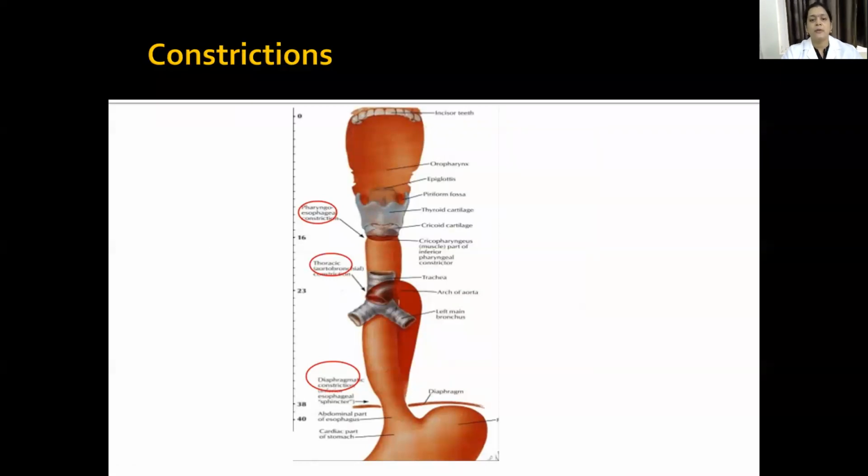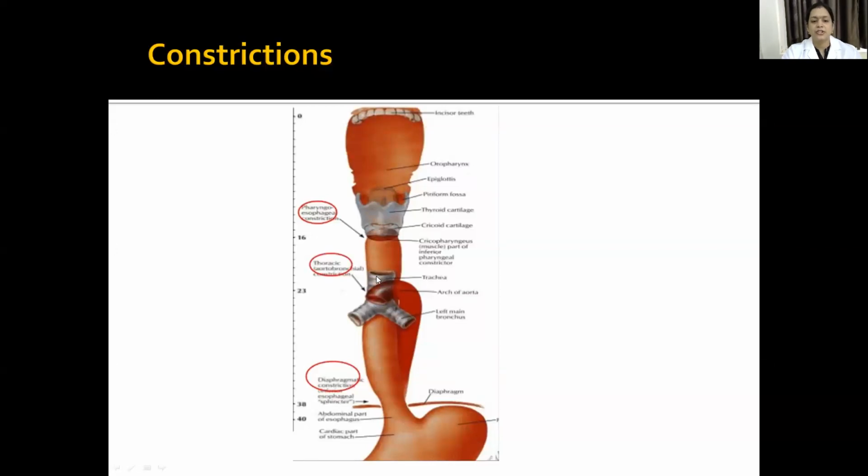The anatomical constrictions are, first, the cricothyroid cartilage encircling the cricopharyngeus muscle. You have to be cautious here, because the trachea is encircled by this, and this is the area where the esophagus has a constriction.